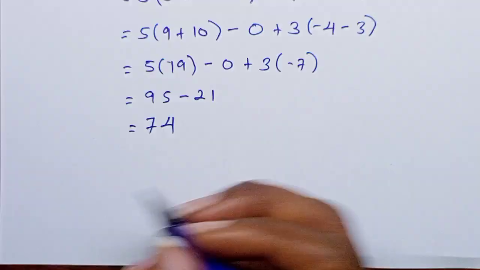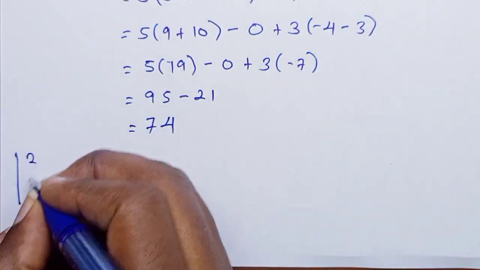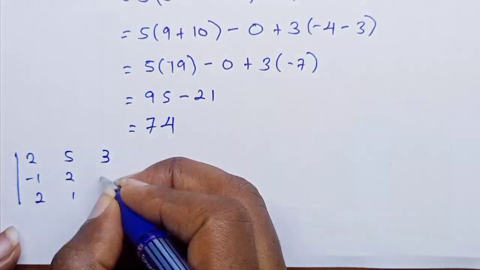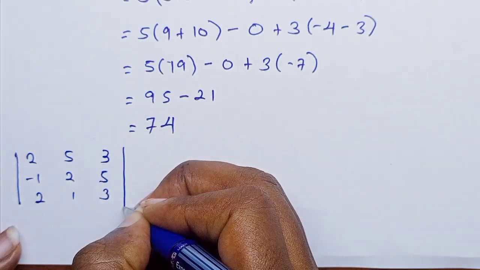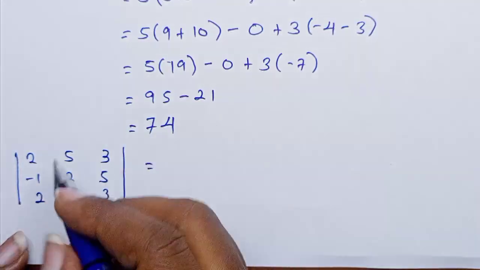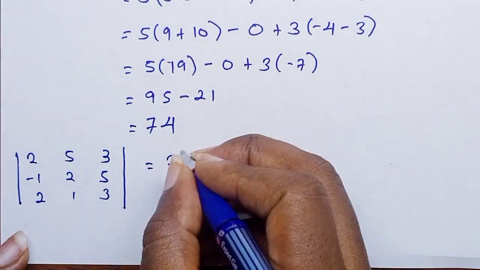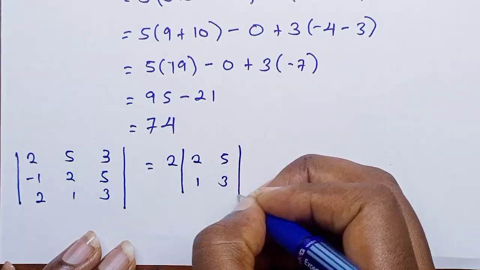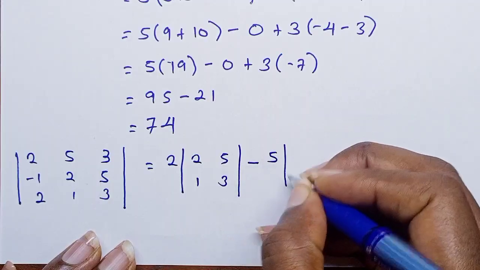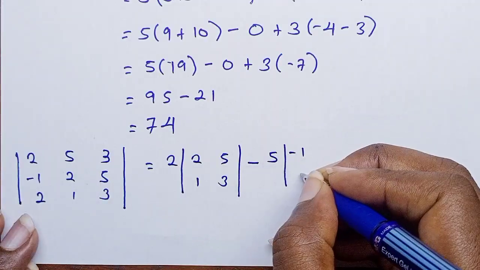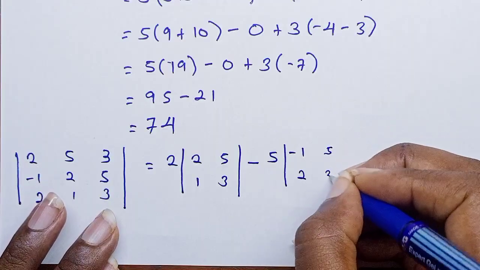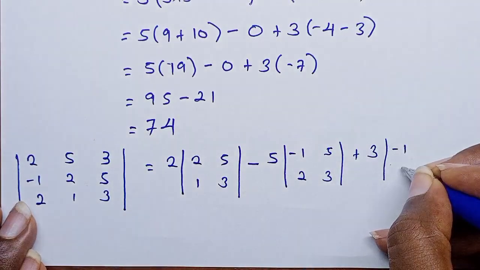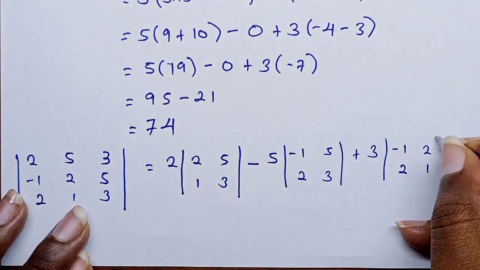So the determinant of 2, negative 1, 2, 5, 2, 1, 3, 5, 3 would be equal to, considering first 2, 2 times the determinant of the minor, which is 2, 1, 5, 3, then minus 5 times the determinant of its minor, negative 1, 2, 5, 3, then plus 3 times the determinant of its minor, negative 1, 2, 2, 1.